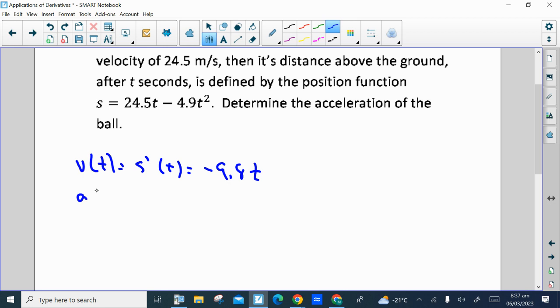And then the acceleration is the derivative of the velocity function, which will just be negative 9.8. And that will be in meters per second squared. So that is acceleration due to gravity.